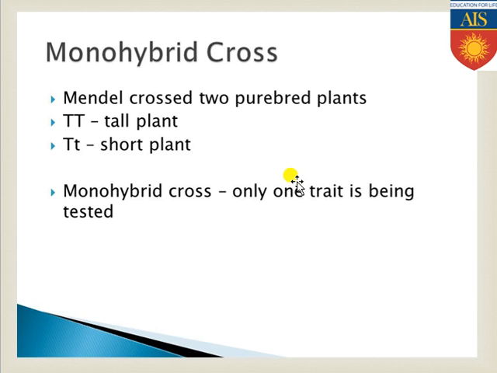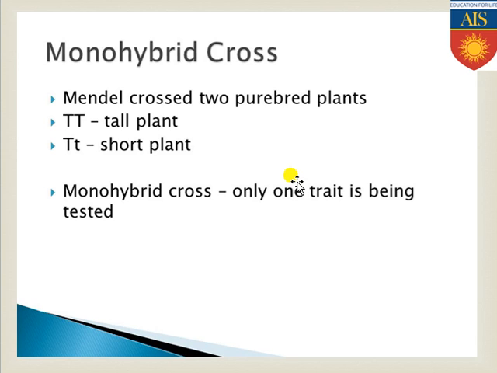There is one more category of plants that show the dominant feature, tall, but have both alleles, dominant and recessive. Those plants are heterozygous, capital T, small t. So capital T capital T individuals are homozygous dominant. Capital T, small t are heterozygous individuals, but they are also tall like the homozygous individuals. Then there is another category containing the recessive allelic form, small t small t, and they are exclusively dwarf.